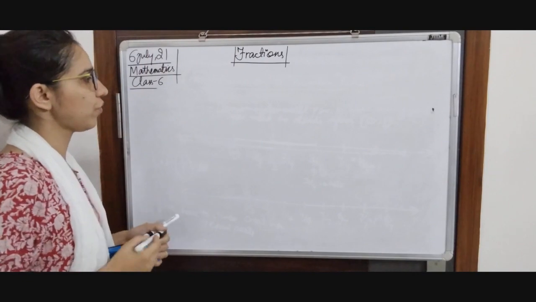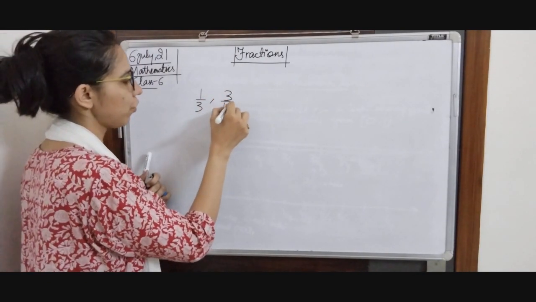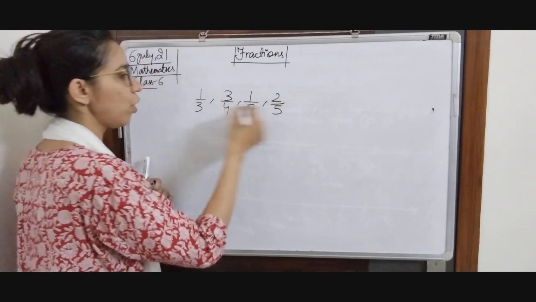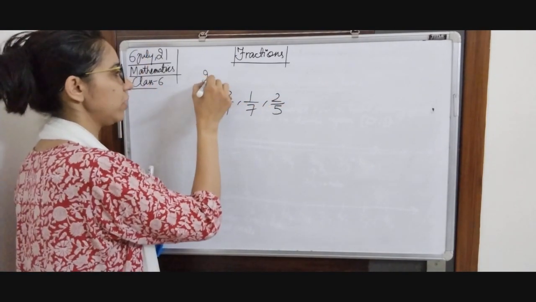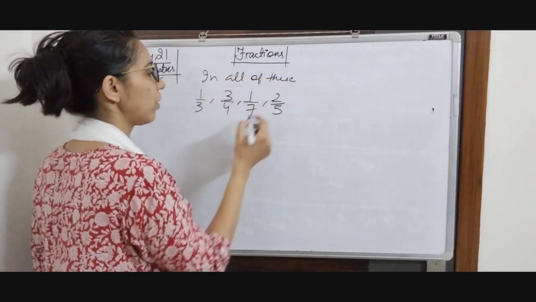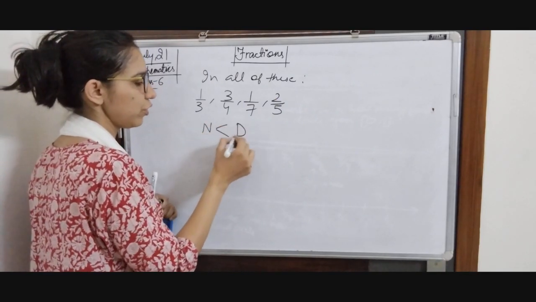In this we saw that 1 by 3, 3 by 4, 1 by 7, 2 by 5, in all of these your numerator is less than denominator.